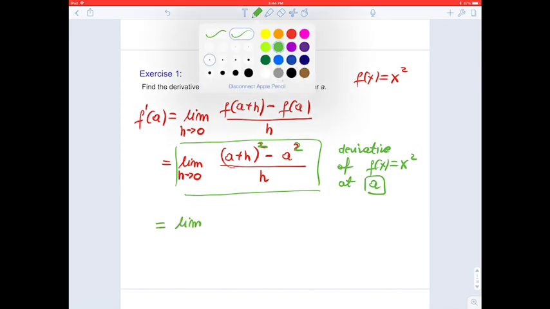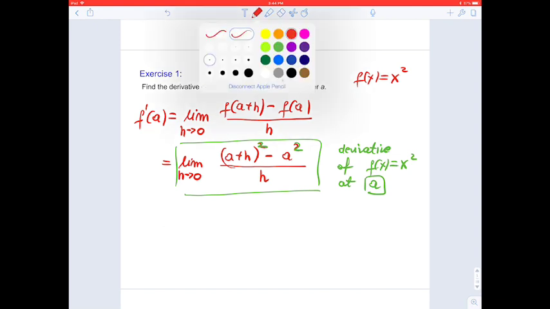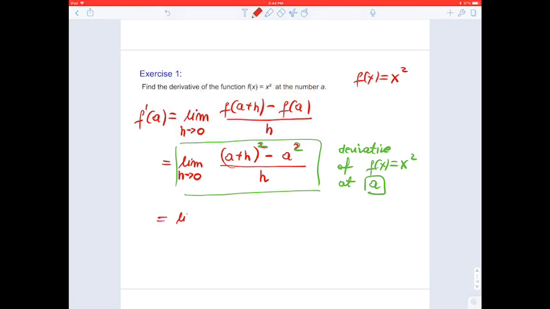Limit as h goes to 0, and let's expand. A plus h squared means a squared plus 2ah plus h squared. You can write a plus h times a plus h and distribute all of the terms. Minus a squared over h.